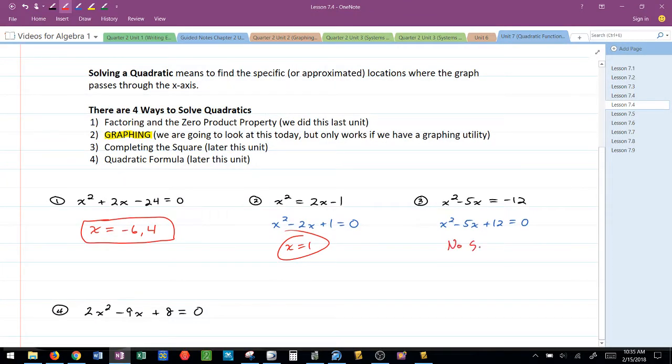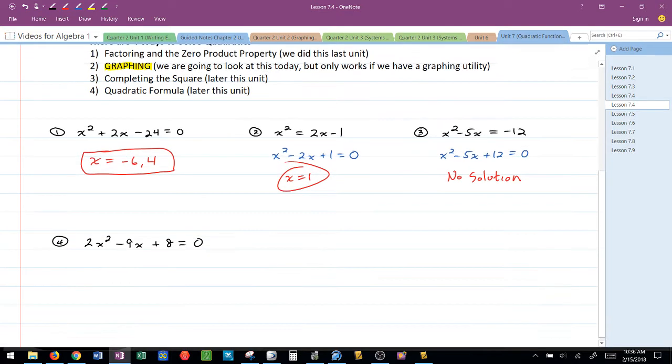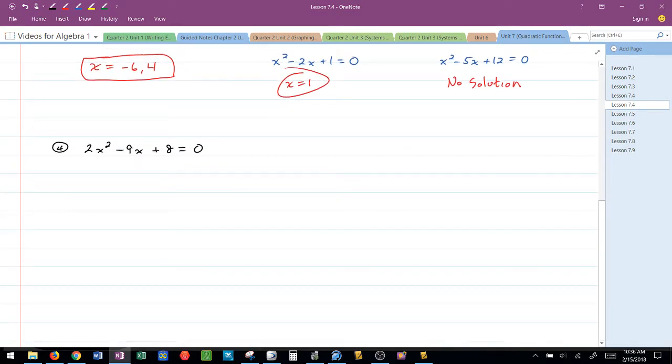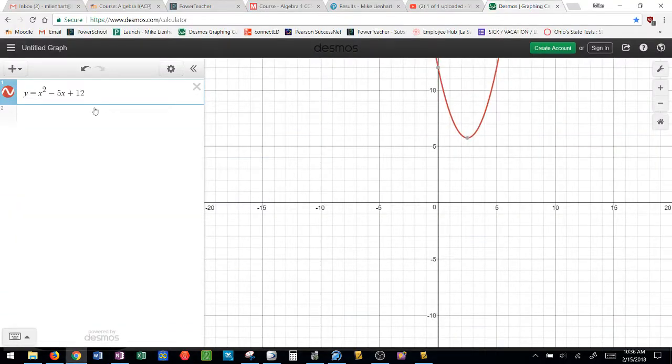Okay? So let's look at one more of these and see if we can figure out what's unique about this one. So I've got y equals 2x caret 2, minus 9x plus 8.